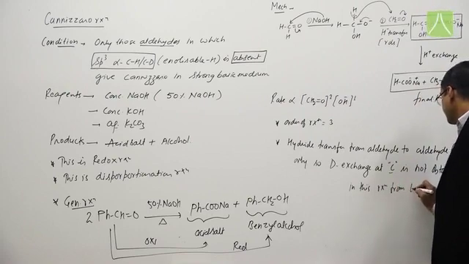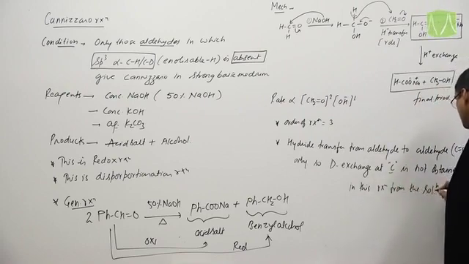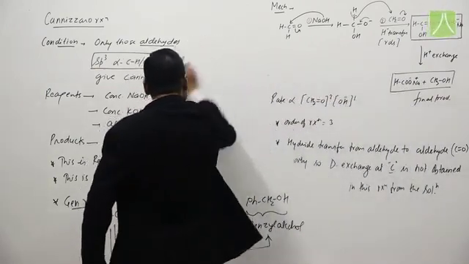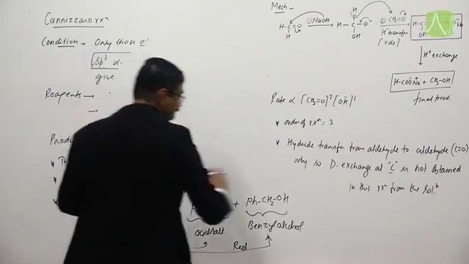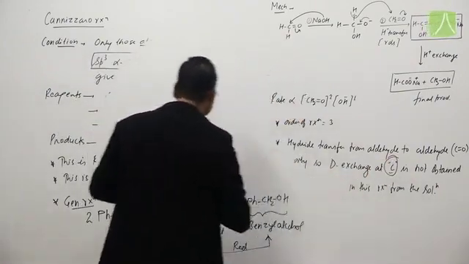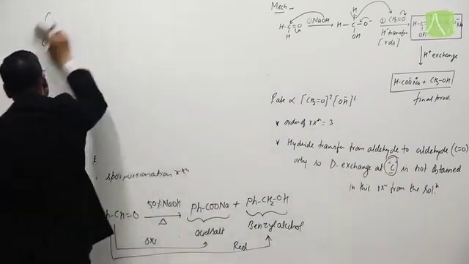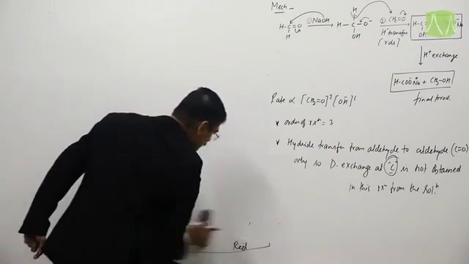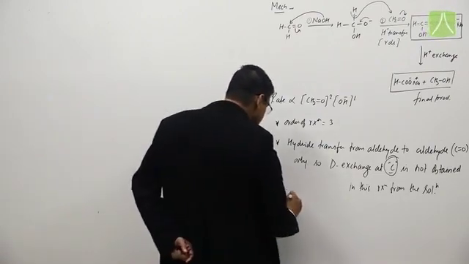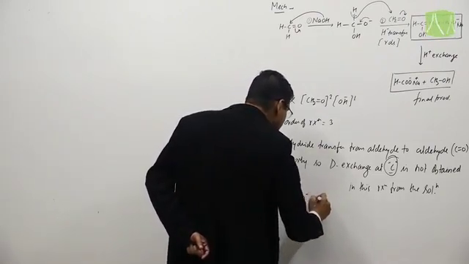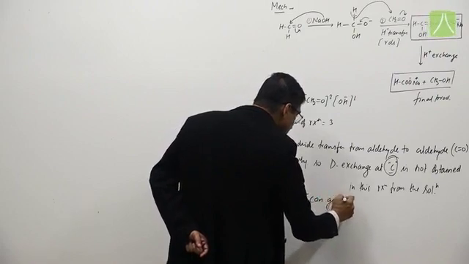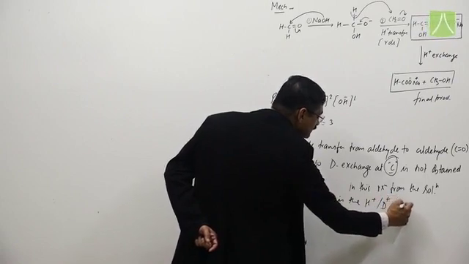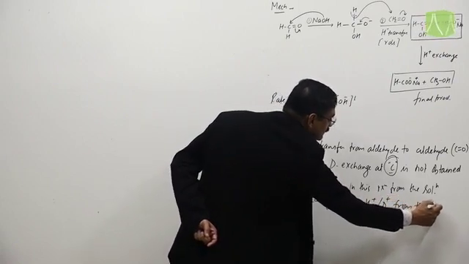If D2O or NaOD is taken, then D exchange at the carbon atom is not possible. But oxygen can gain the proton from solution. So O minus can gain H plus or D plus from the solution.